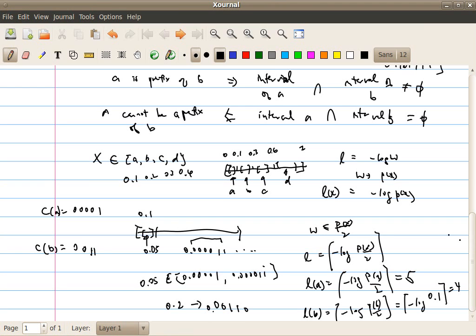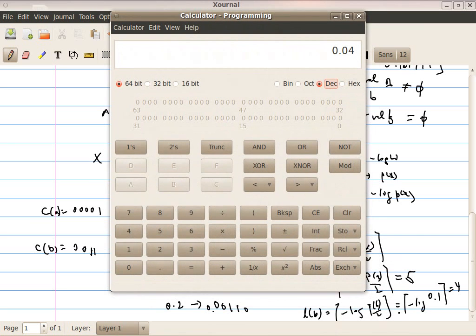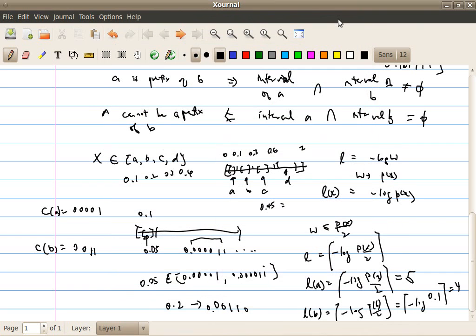Let's compute the other two codewords. For C, the midpoint is 0.45, and again let me use the calculator. It's 0.10111.